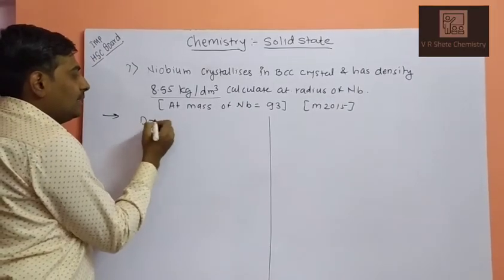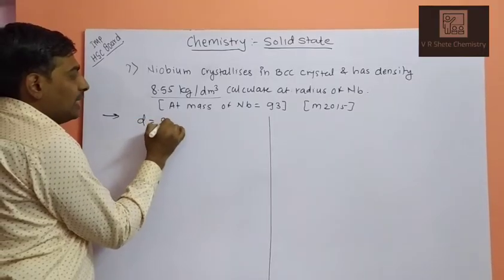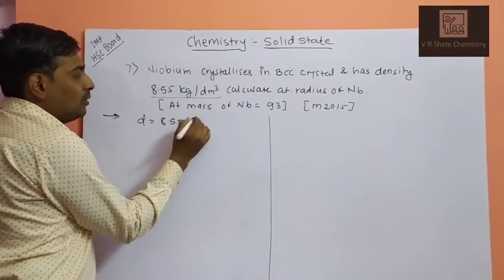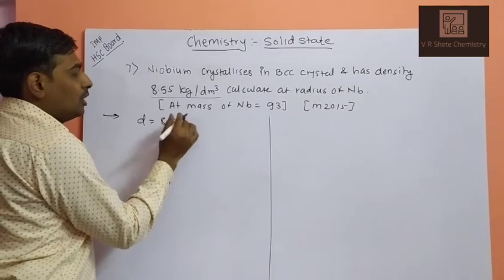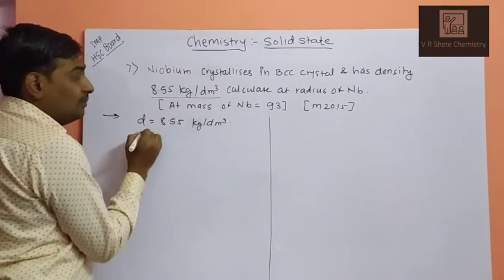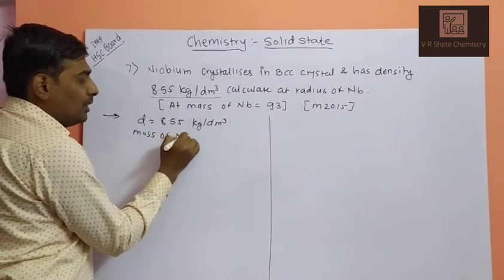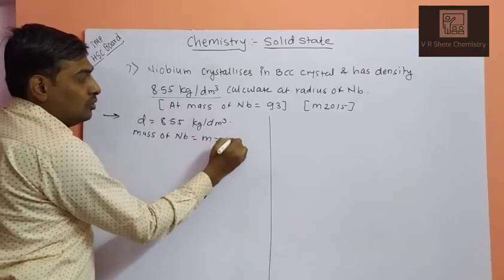So density D is equal to 8.55 kilogram per decimeter cube. Second, mass of niobium is given, M is equal to 93.